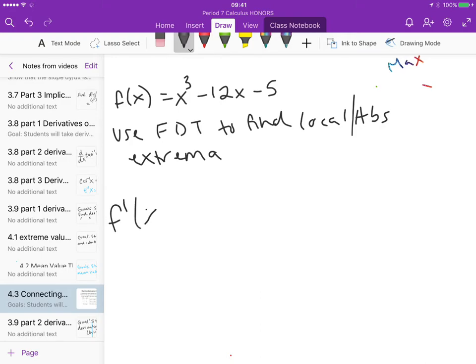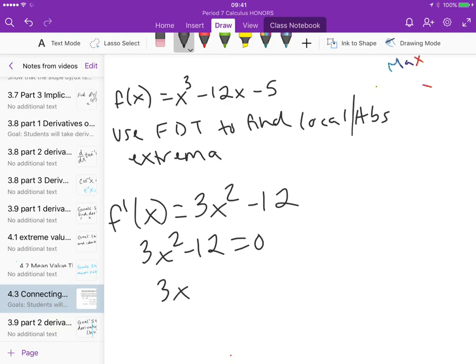So f prime of x is 3x squared minus 12, using just simple power rules that we know about derivatives. So I want to know when this equals 0. When 3x squared minus 12 equals 0, 3x squared equals 12, or x squared equals 4, and then square rooting, you get x equals plus or minus 2 in this particular example.